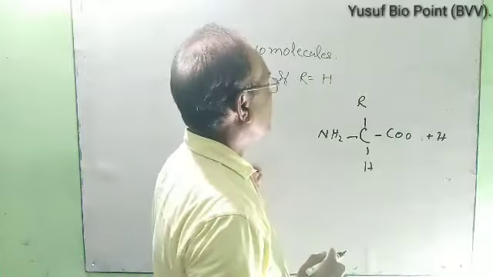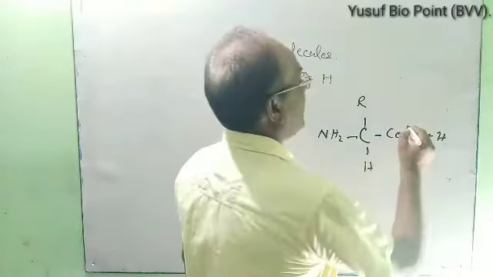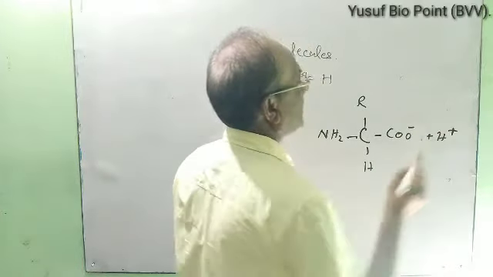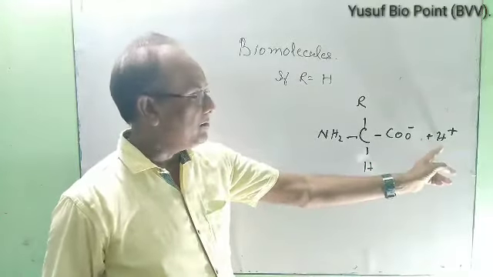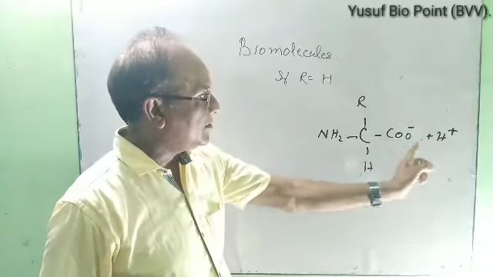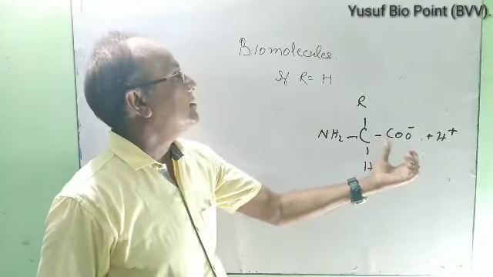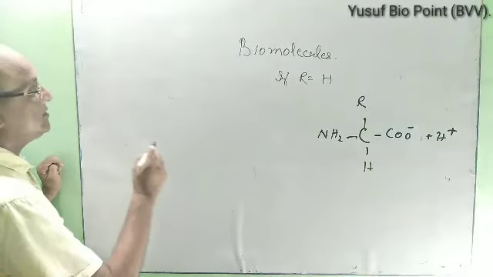Now if it loses H, if it undergoes ionization, when this amino acid undergoes ionization, it will change into COO-, and this one means there is ionization of hydrogen ion, ionization of the carboxylic group.